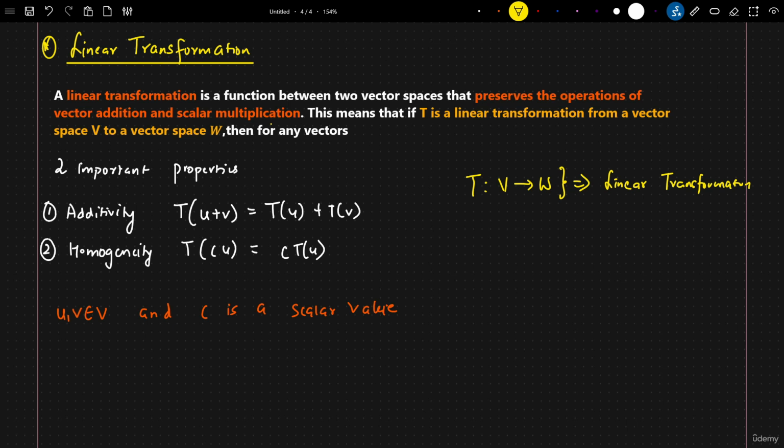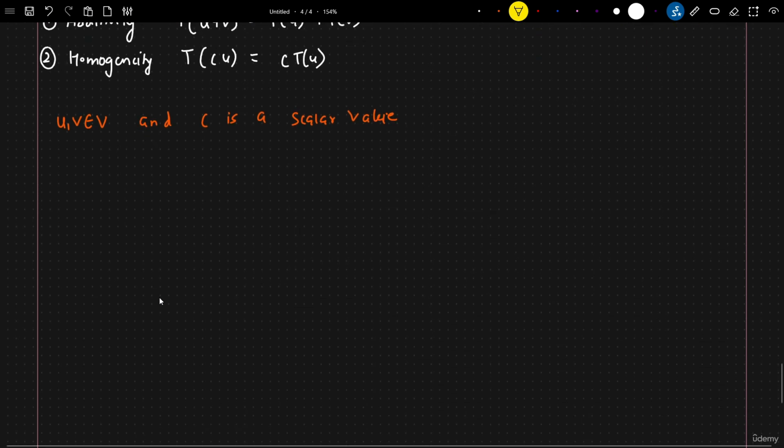So let's take a simple example and try to prove whether a specific transformation is a linear transformation or not. Let's take one of the very common examples, a real world example called reflection.